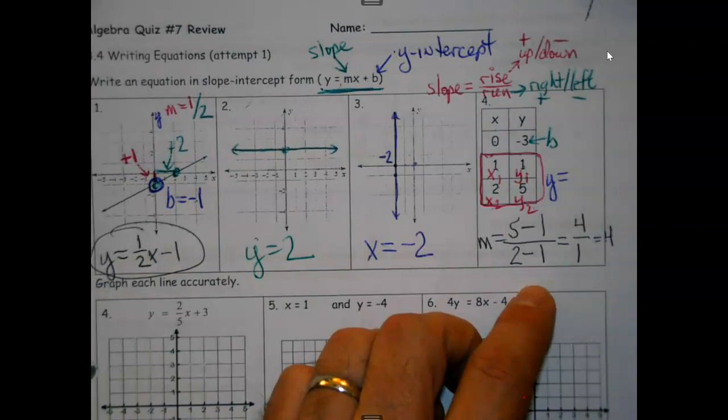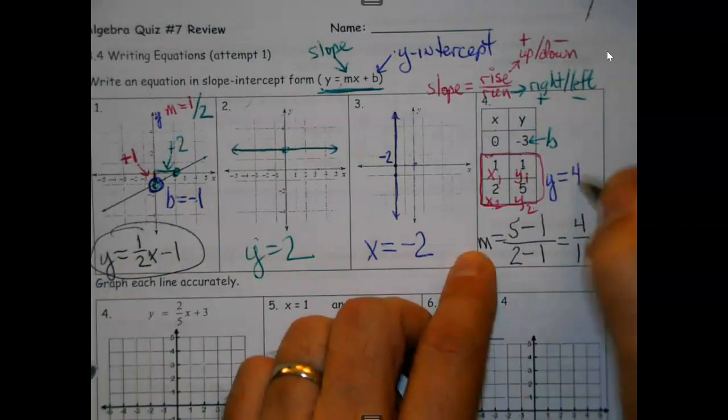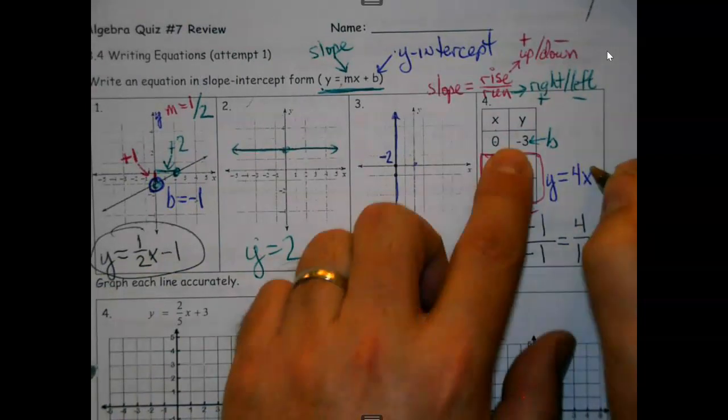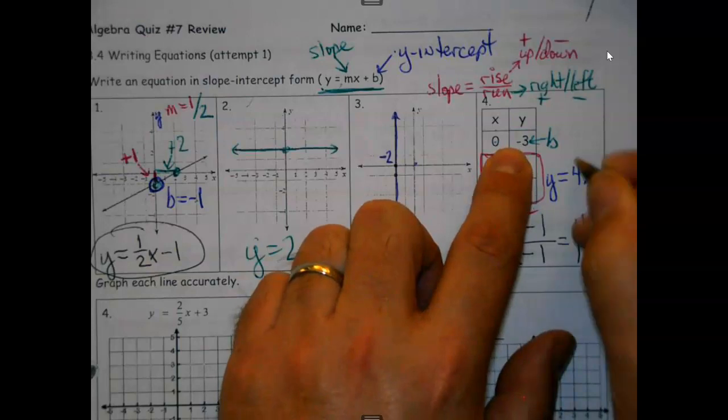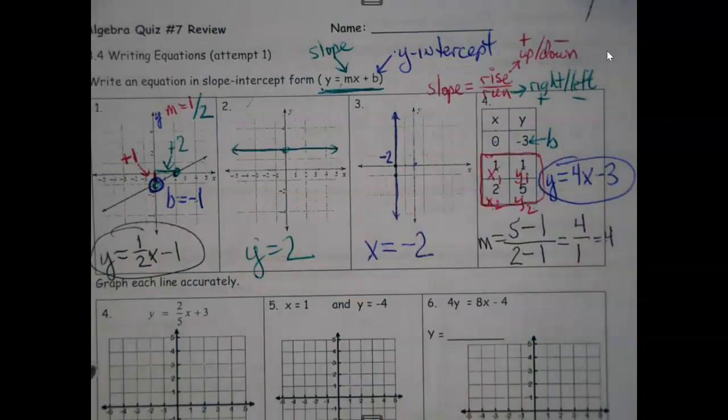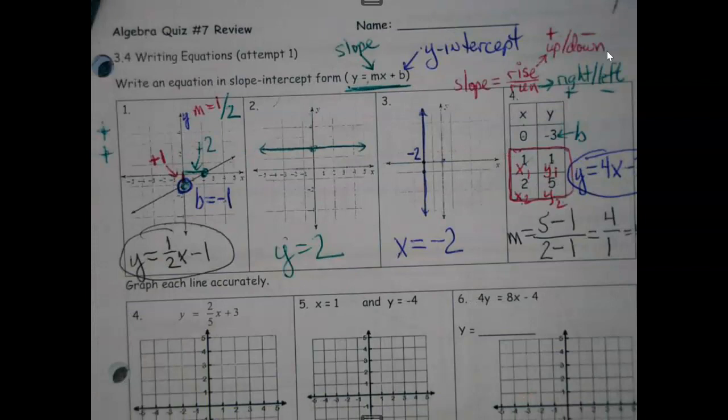Y equals mx. And again, my b is negative. If you put plus negative, that'd be okay. And I get my 3. So those are the 3 possibilities you'd be looking at tomorrow. Okay? One where I'm having to calculate it, or a couple where I'm looking. But if you've got your 3.4 notes, you have examples of all of them there.